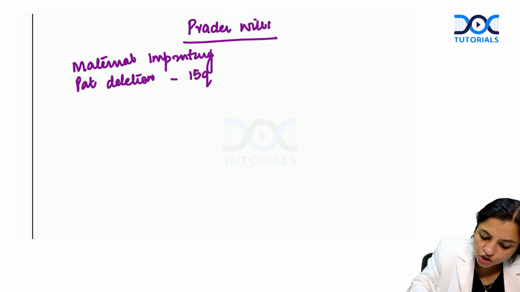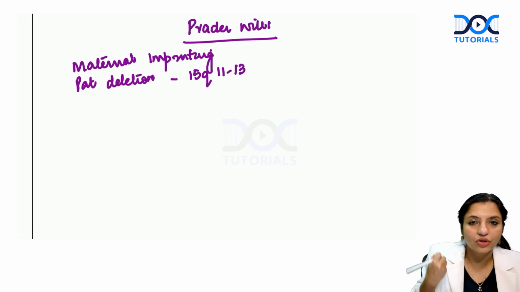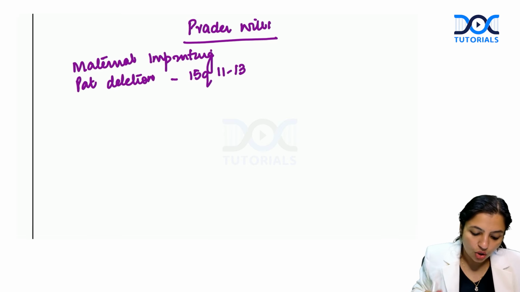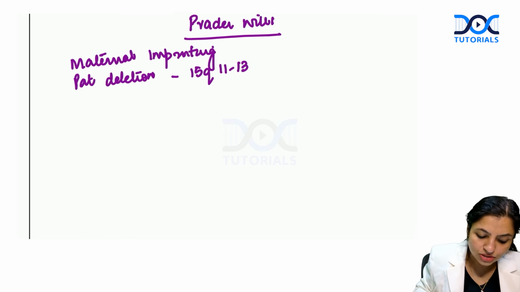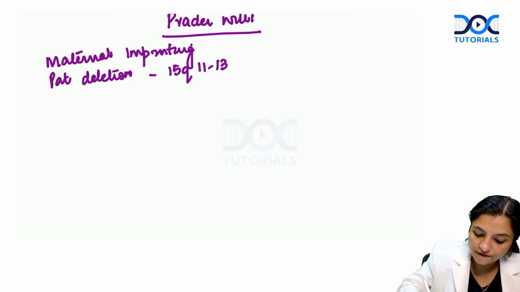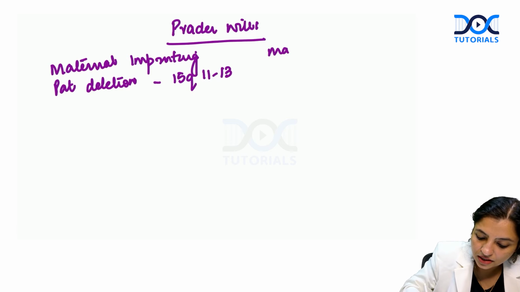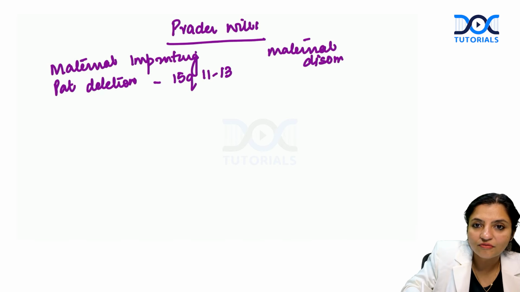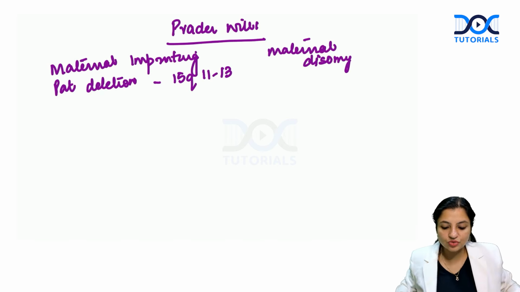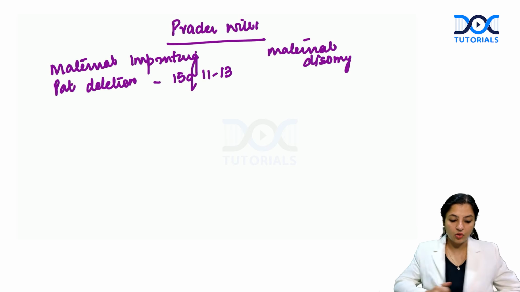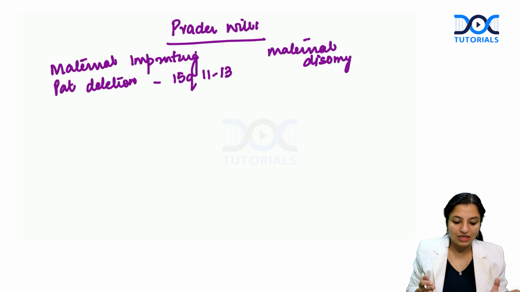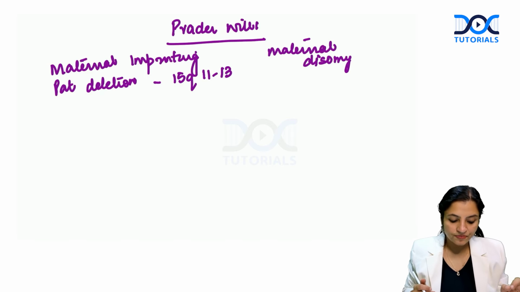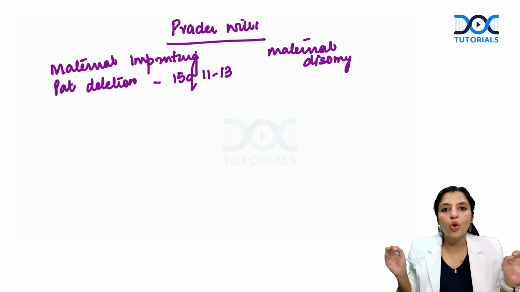At 15q11-13. Or you can also get this when you have maternal disomy. So this is one thing which you should be very, very clear about now. Remember, Prader-Willi basically occurs whenever you have maternal imprinting with paternal deletion, or maternal disomy.